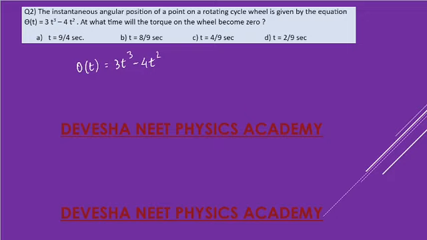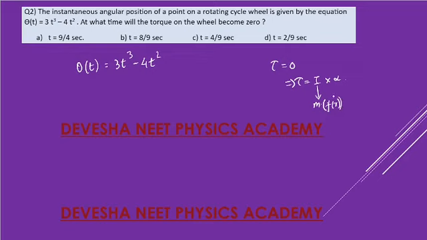We want to know at what time the torque on the wheel becomes 0. So torque has to become 0. Now torque we know is I into alpha. And what is I? Depending on the body, it could be some function of m and r.